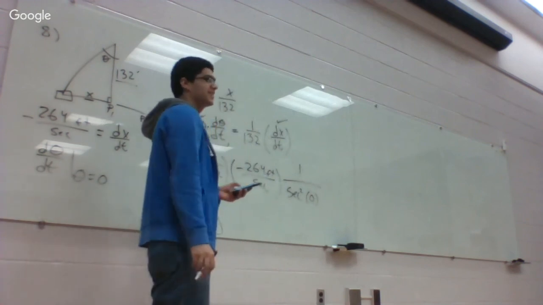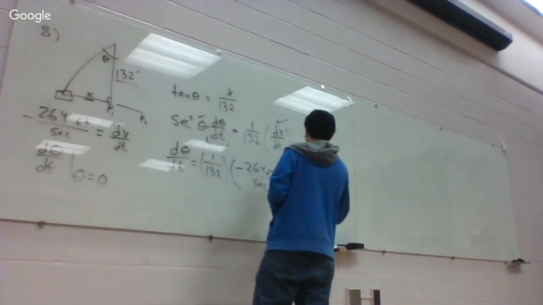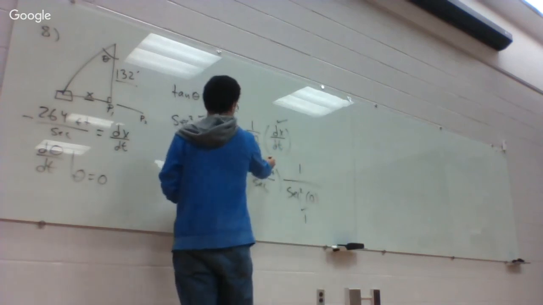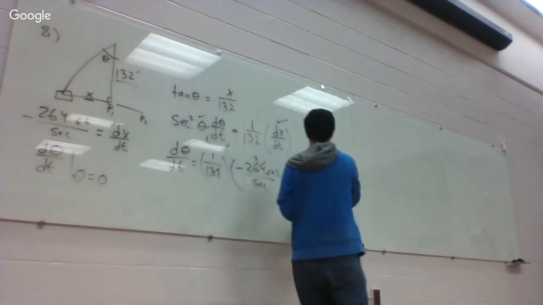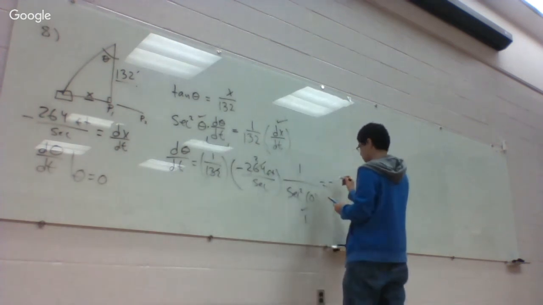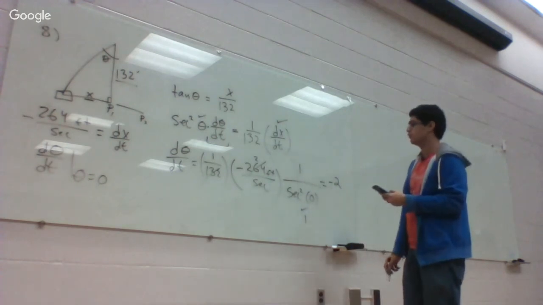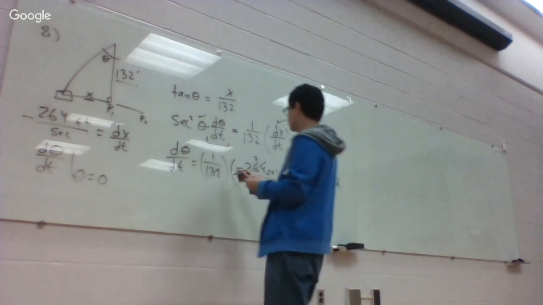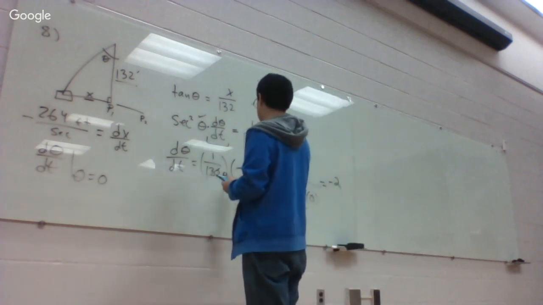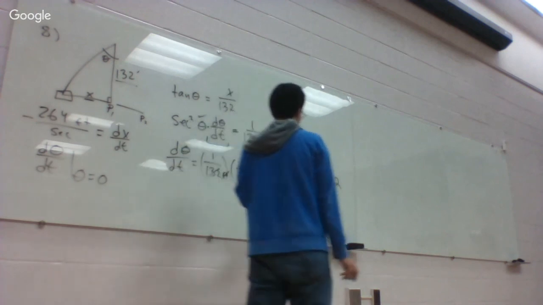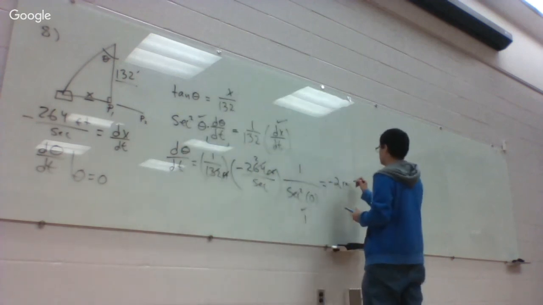This is just 1, you know that? You get a 2 on top, negative 2. This was feet, so the feet cross out. We're left with negative 2 radians per second.